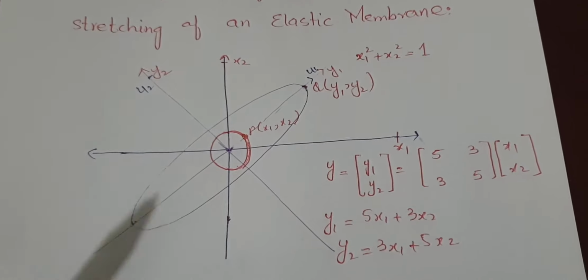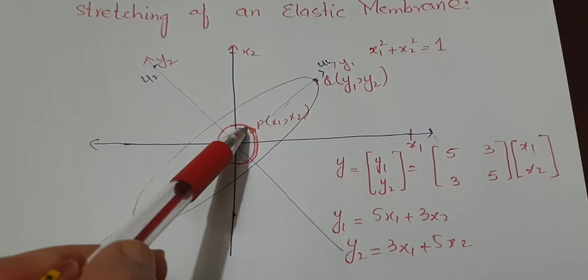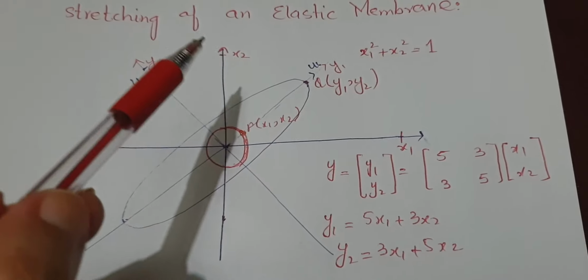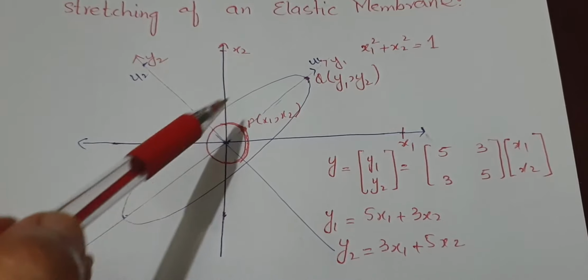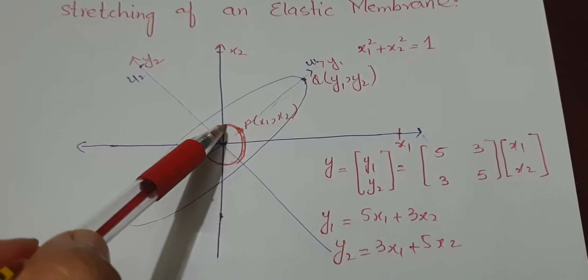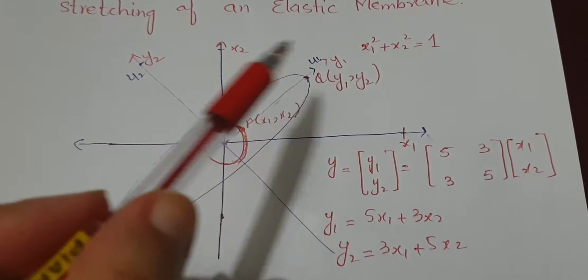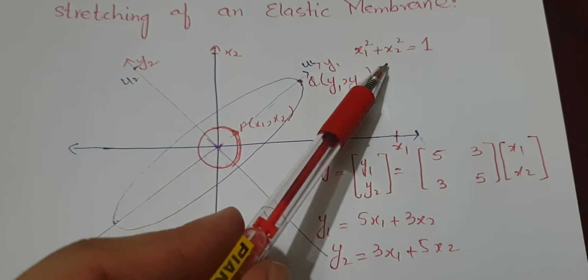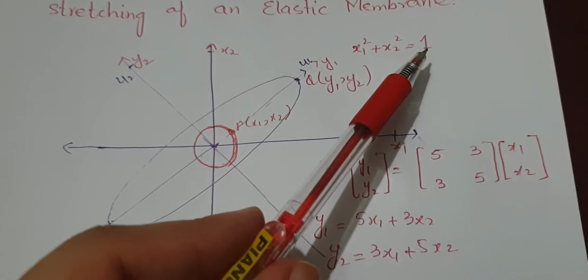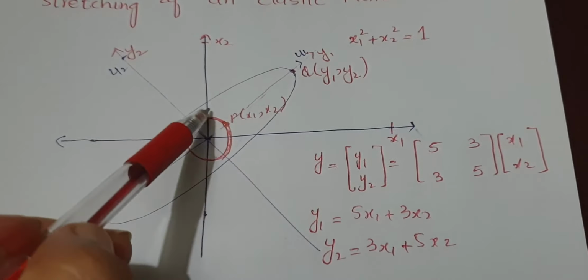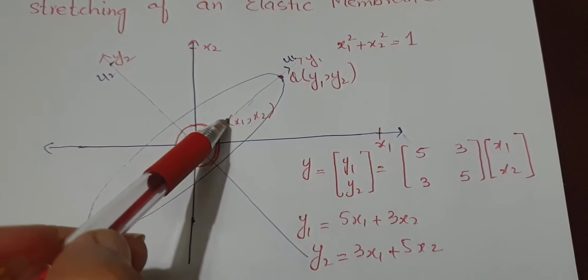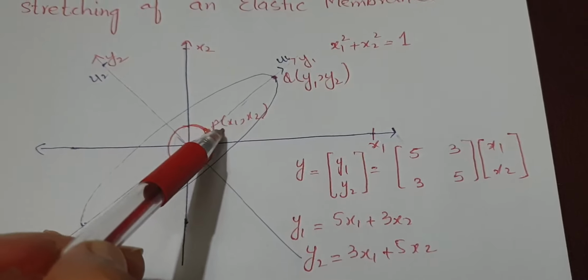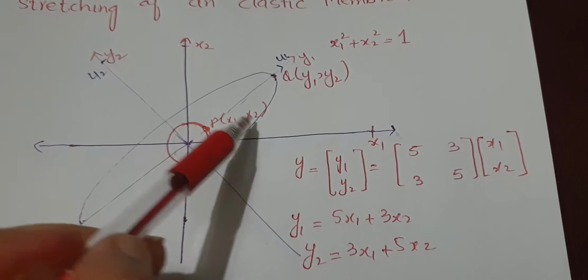So let's consider an elastic membrane of radius 1 lying in the coordinates x1 and x2. Its equation is x1 squared plus x2 squared equal to 1. So the elastic membrane is represented like this, and any point on it will have the coordinates (x1, x2).